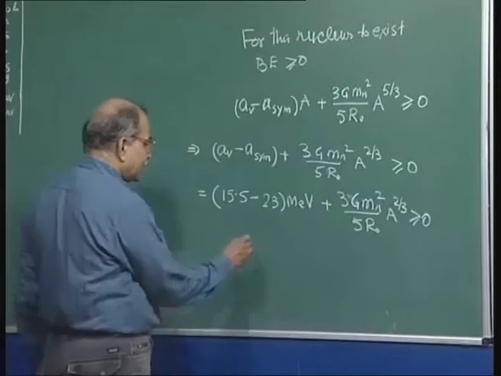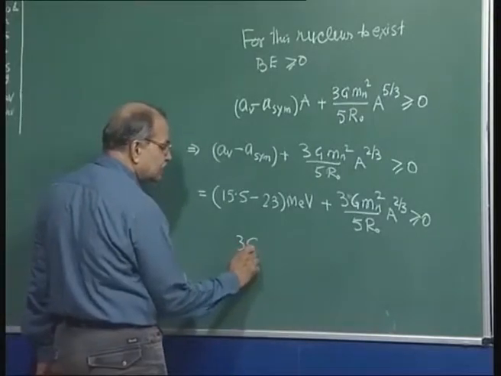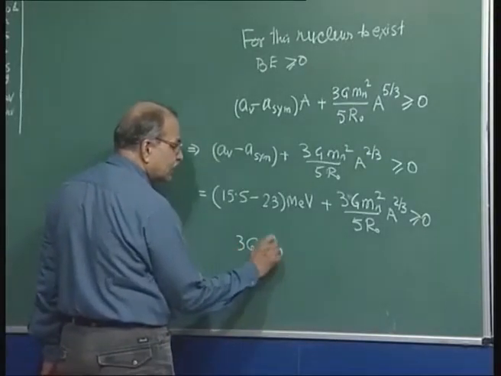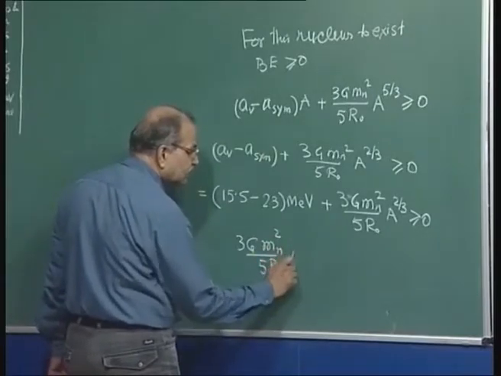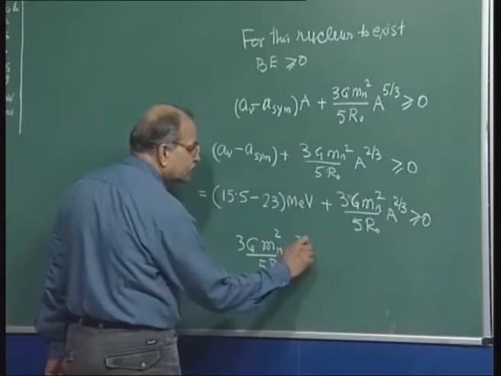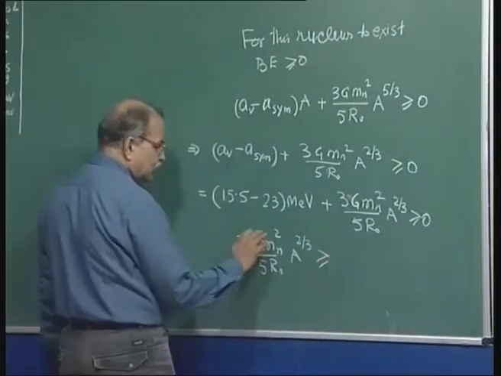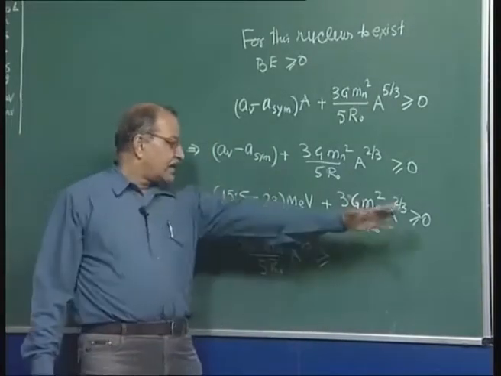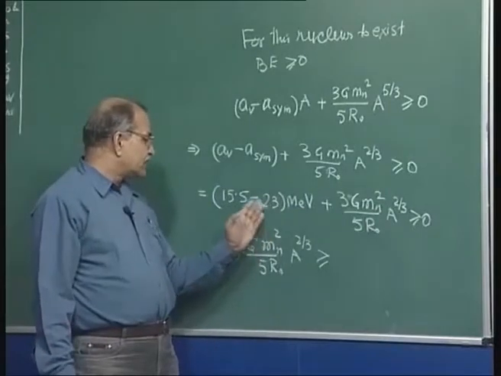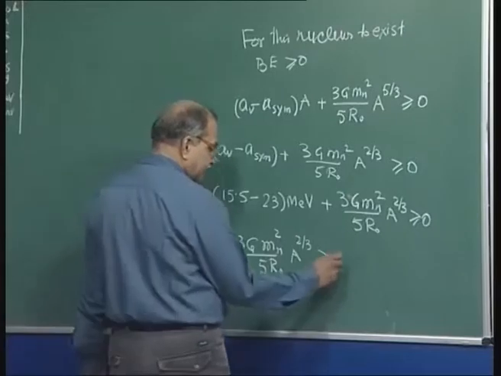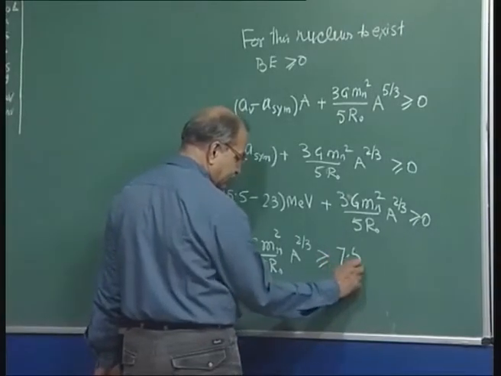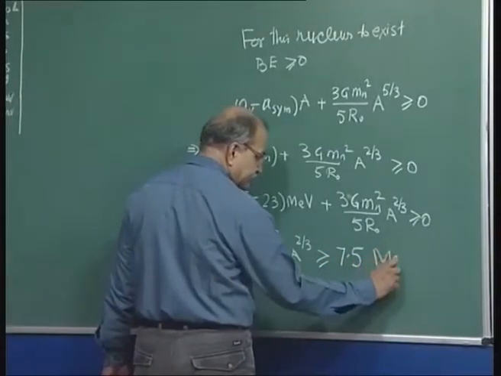So, this equation is 3 G m n square by 5 r naught A power 2 by 3 should be greater than or equal to, I am taking it to the other side. So, it is 23 minus 15.5, how much is it? Minus 7.5. So, this is 7.5. Remember the units.